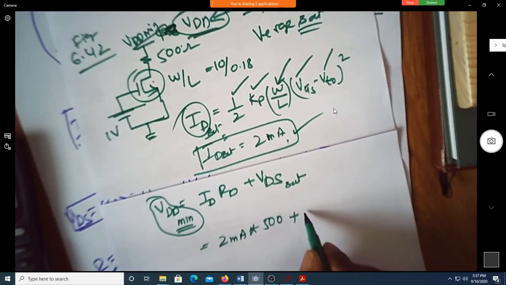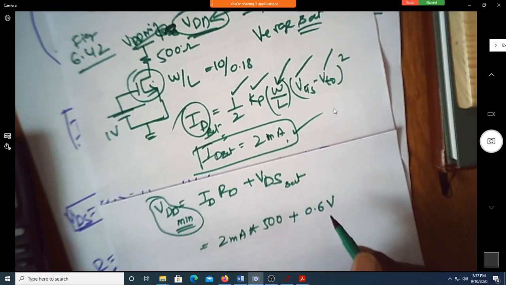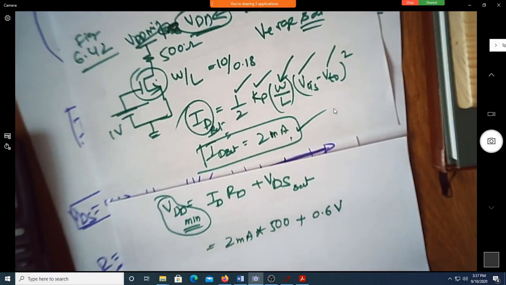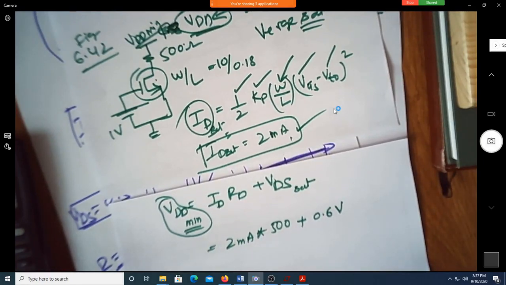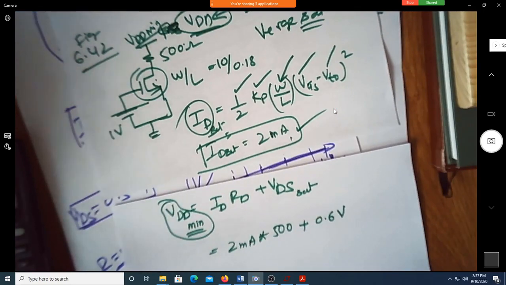How much is VDS sat? 0.6. VDS sat, how did you find? How did you know 0.6? Sir, by applying VDS sat. It is so easy, no? VGS minus VTH. VGS is 1, VTH is 0.4. 1 minus 0.4 is 0.6. What's your name? Tanuja.